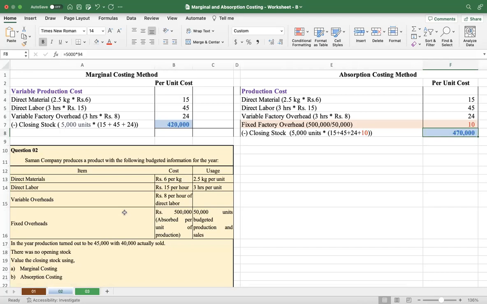So that is the end of our marginal costing and absorption costing lesson, which is the second lesson. Previously I explained what these are. Then today we discussed a few questions from these. We prepared the income statement and also found the value of the closing stock using both methods.